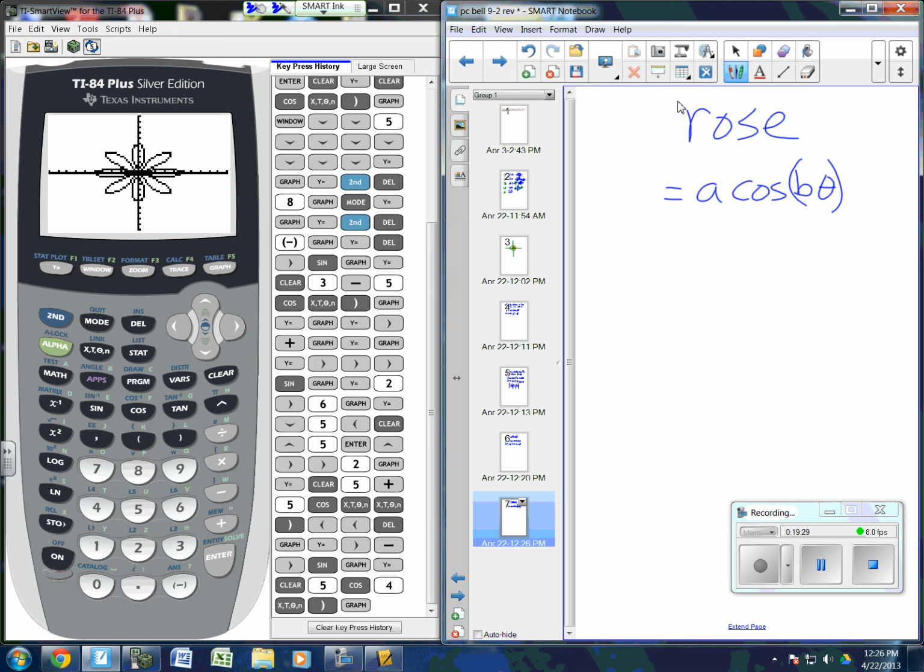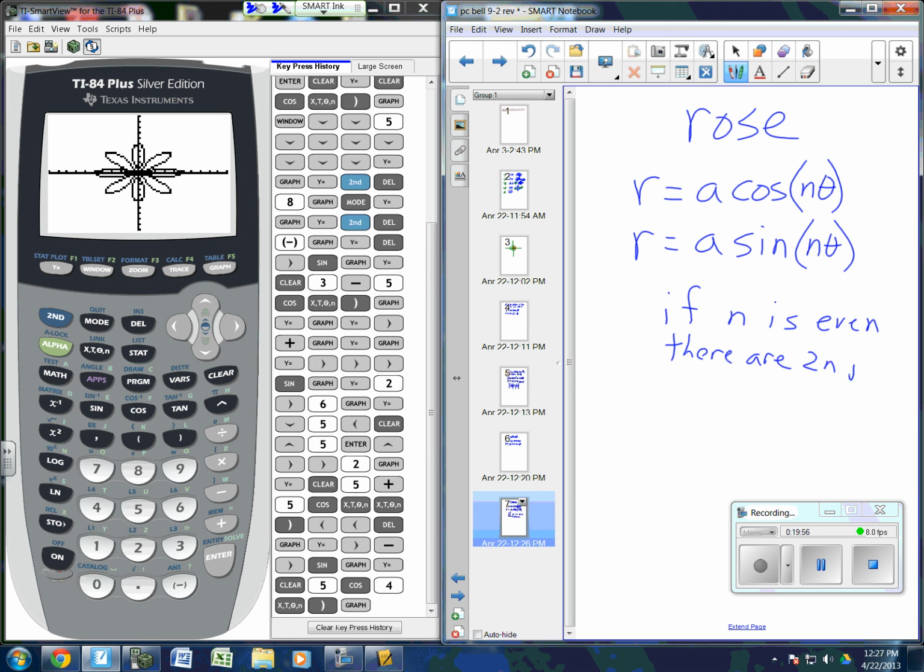R equals a cosine of n theta, or r equals a sine of n theta. They use n instead of b. If n is even, there are 2n petals. If n is odd, there are n petals. Got that?